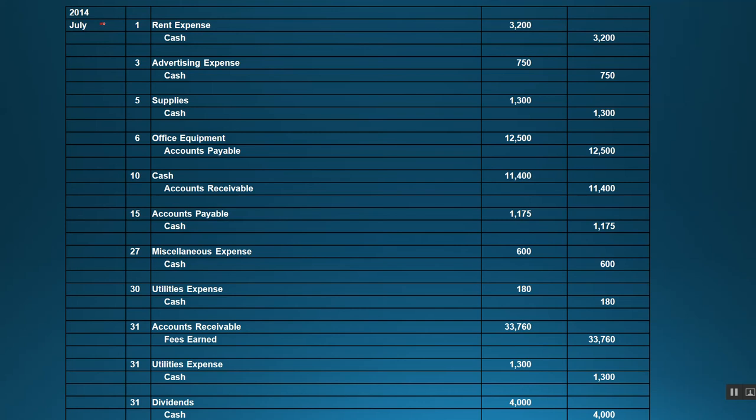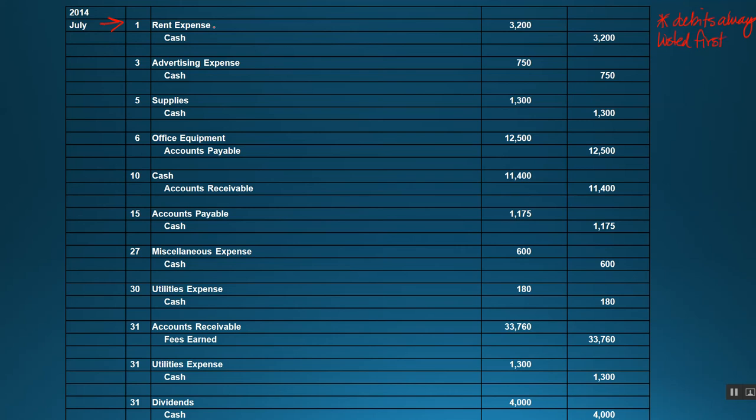So notice here, this is the one we just looked at. We record rent expense first because it's debited. We always list debits first. So another point here, debits are always listed first.